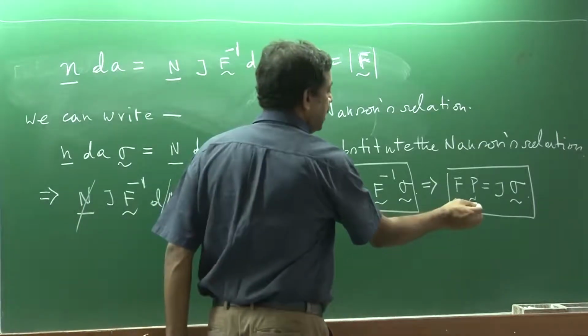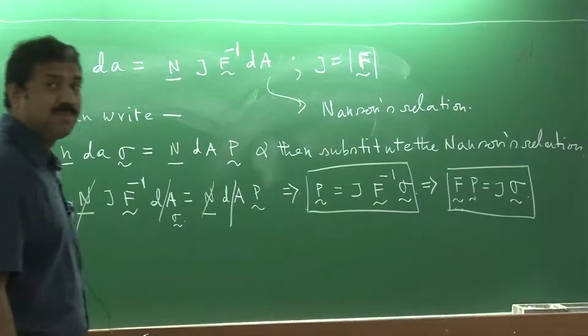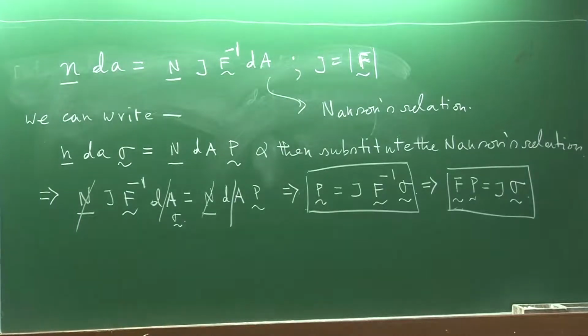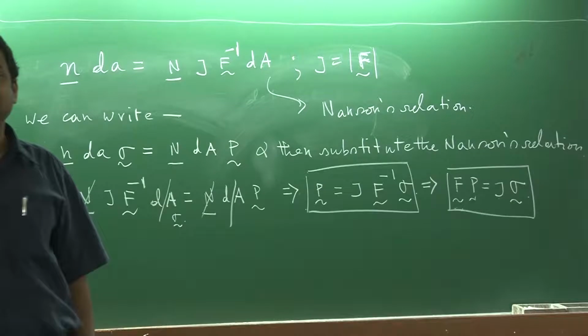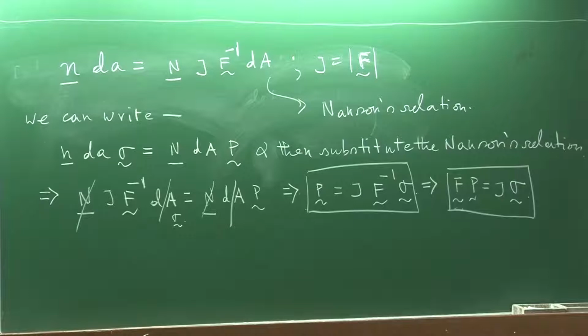So, please recall this relationship, it is extremely important: F P is equal to J sigma. F is the deformation gradient, P is the first Piola-Kirchhoff stress tensor, sigma is the Cauchy stress tensor, and J is a scalar scale factor, the determinant of the deformation gradient tensor. That is the way we relate the Cauchy stress tensor with the first Piola-Kirchhoff stress tensor.